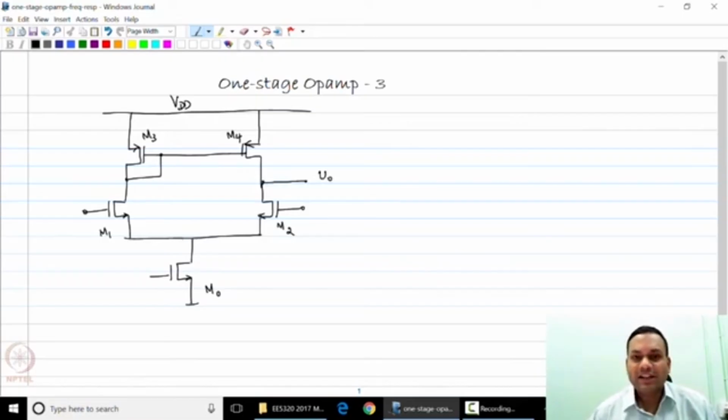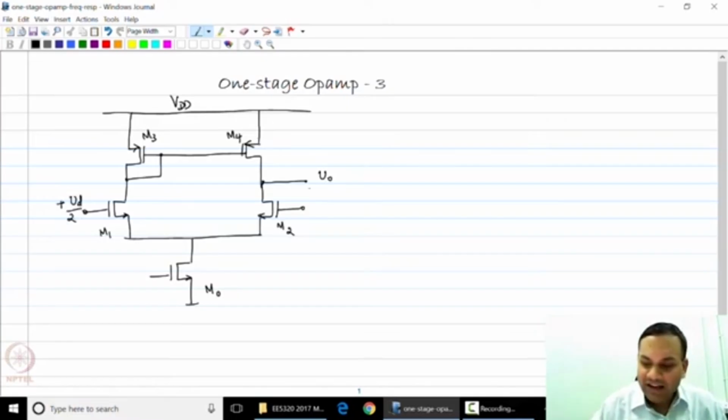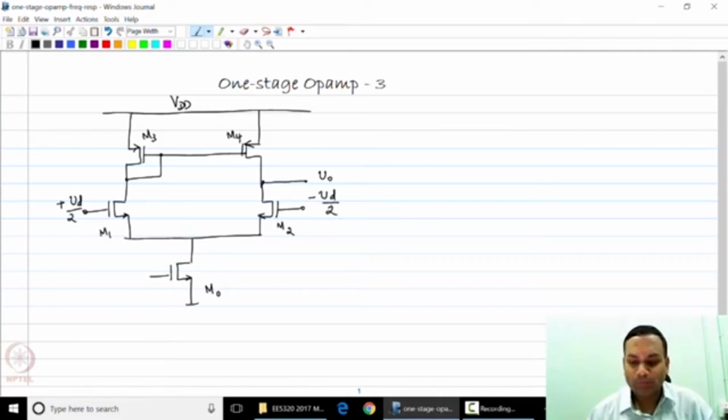Let us assume that the op-amp is being driven differentially. So, I have inputs of plus Vd by 2 and minus Vd by 2. Now, let us assume that every node of the circuit has some parasitic capacitance. So, we now have 3 nodes in the circuit.